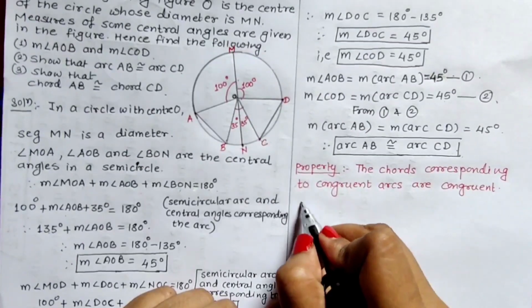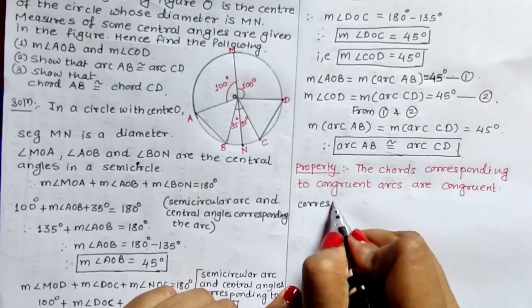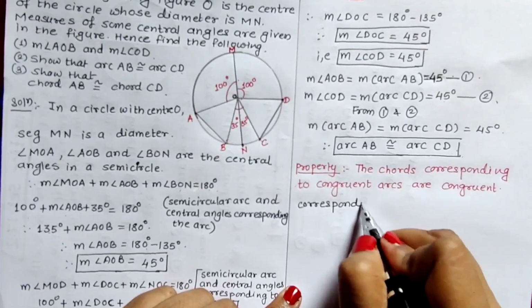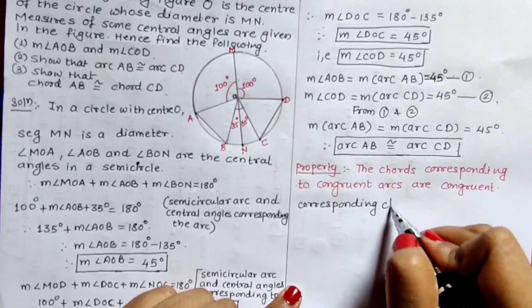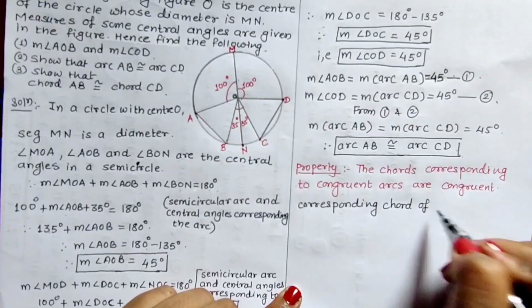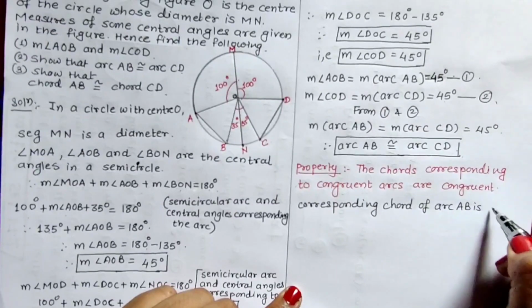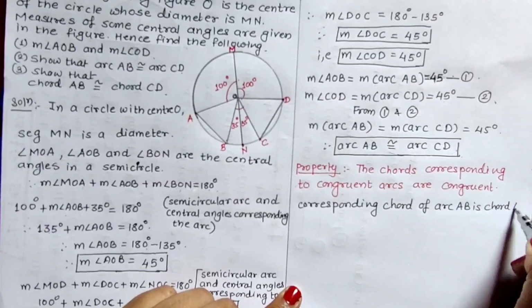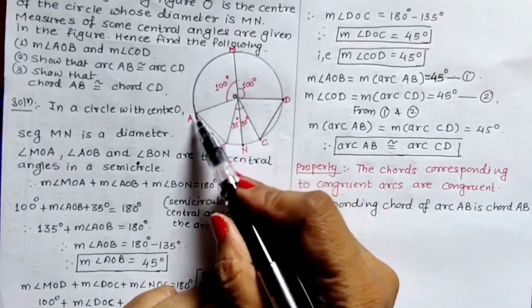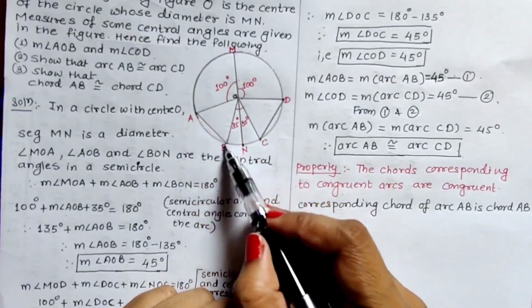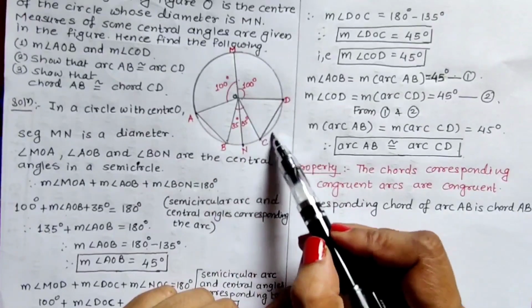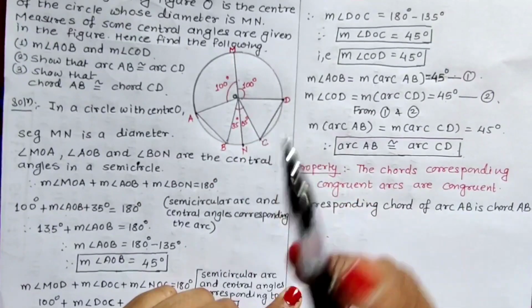The corresponding chord of arc AB is chord AB, correct? In arc AB, chord AB is there, and in arc CD, chord CD is there.